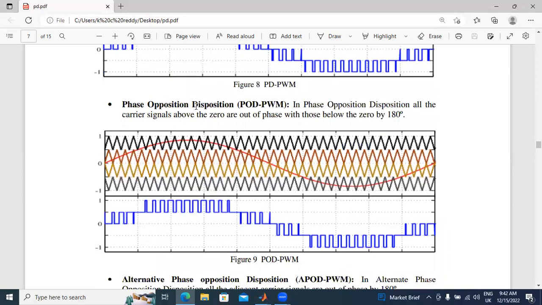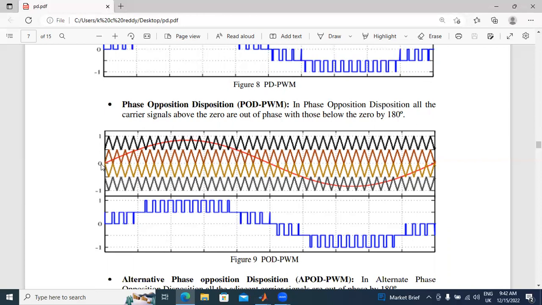Next, phase opposite disposition PWM technique. In phase opposition disposition, all carrier signals above 0 are in the same phase, and those below 0 are shifted by 180 degrees.